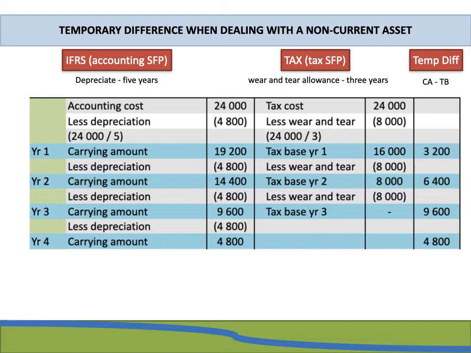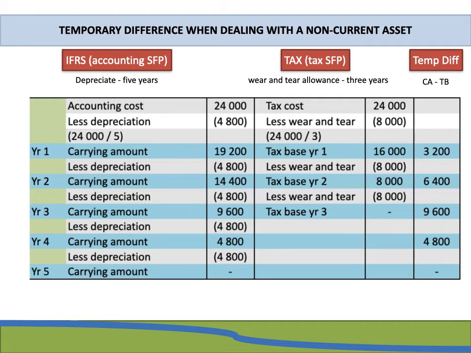Then in the final year of our asset's useful life for accounting purposes, we will deduct our last bit of depreciation, being 4,800 Rand, which will leave us at the end of year 5 with a carrying amount of 0.